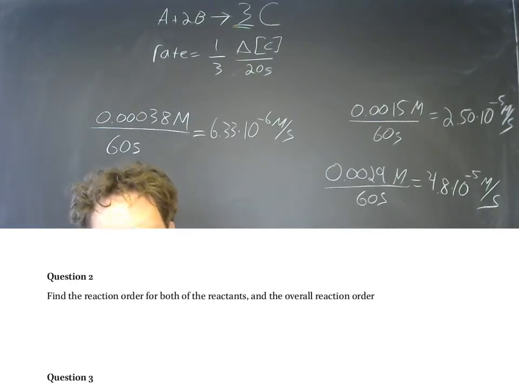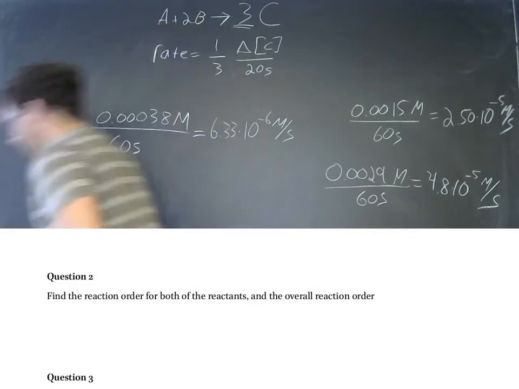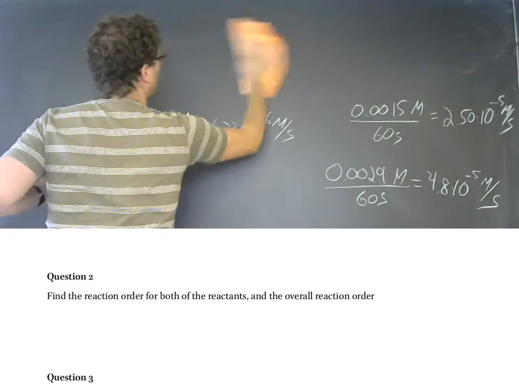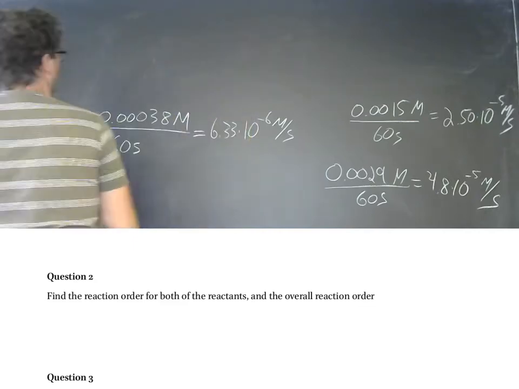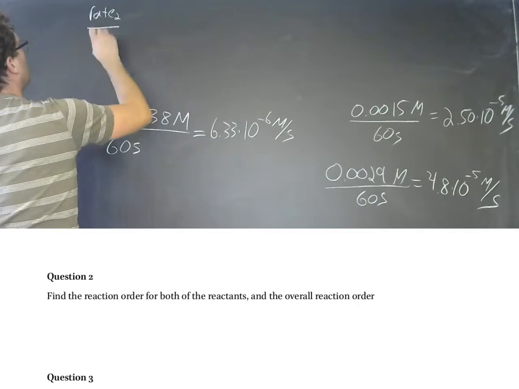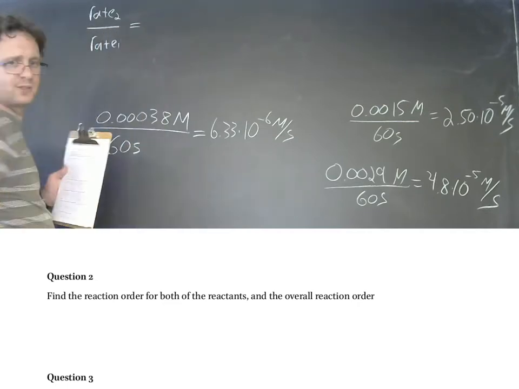So can we find the reaction order for both of the reactants and the overall reaction order based on these numbers? I'm going to go ahead and erase this up here. Remember, the idea is that we're going to take rate 2 and divide that by rate 1. And what's rate 2 equal to?